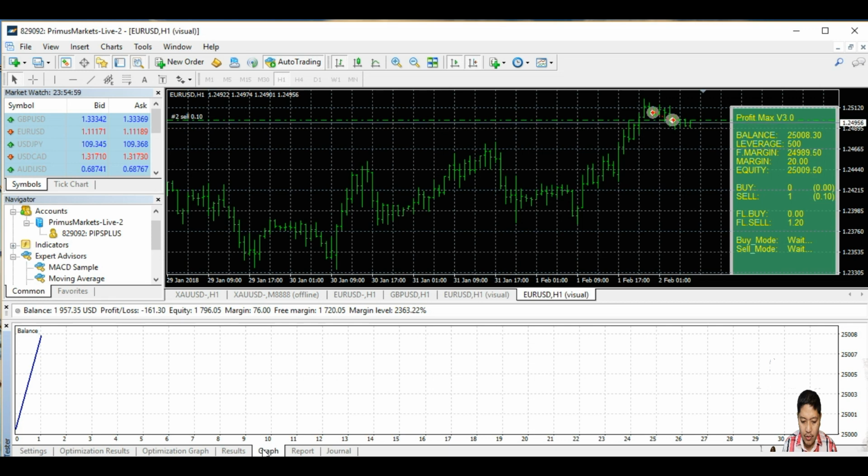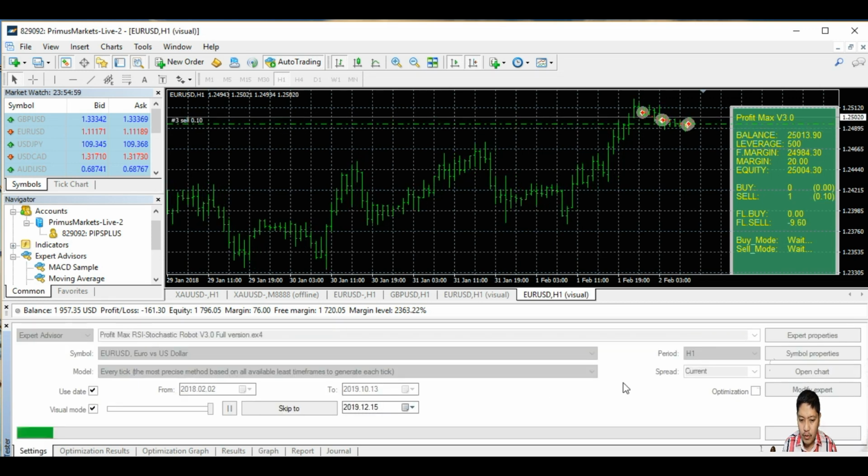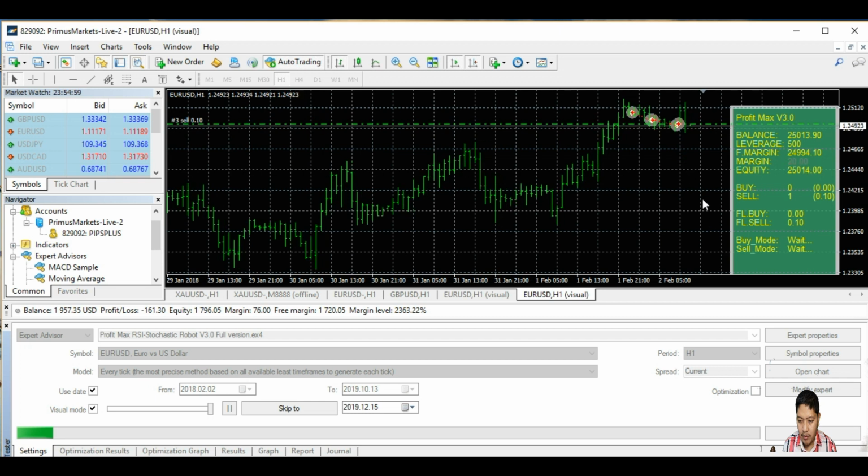So okay, your graph here, so you can see that. So it's another entry for the sell. So for this EA, it reverses, and then okay, about 10 pips down, so it will close the trade, right?